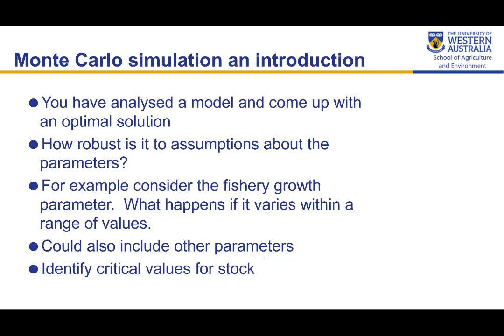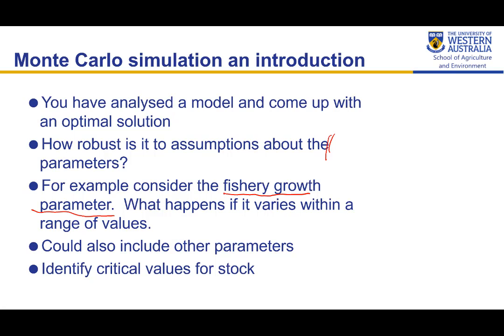So if you've analysed a model such as a fishery model and you've come up with an optimal solution, then the question is, well, just how robust is this model to assumptions? So for instance, if the fishery growth in reality is highly variable, what happens to your fishery through time if that parameter varies?